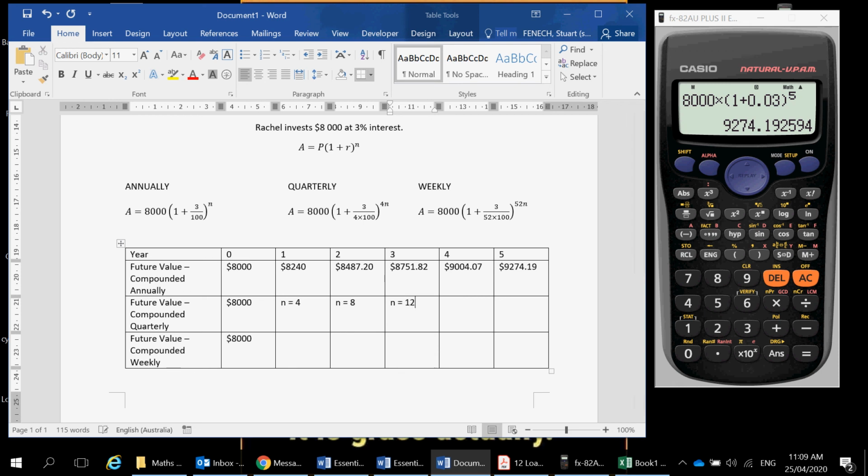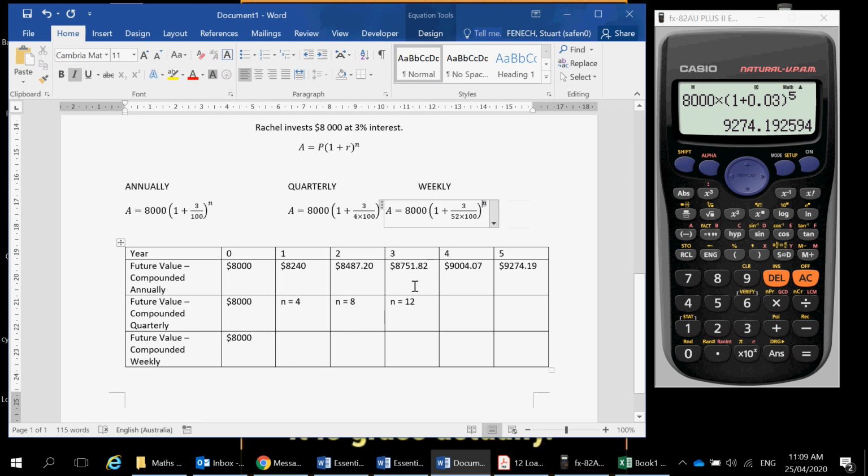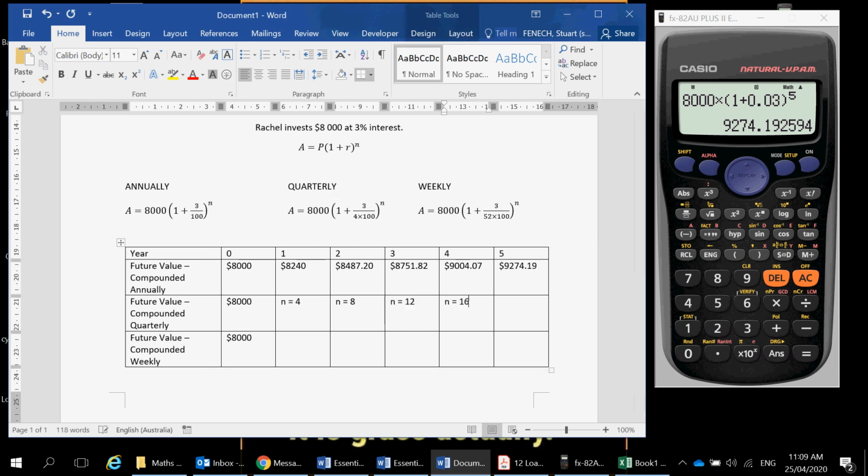Multiply 3, there'll be 12 time periods. I'm just going to call it n still. We've just got to be careful. N remains number of time periods. In 4 years, there will be 16 quarters. In 5 years, there will be 20 quarters.